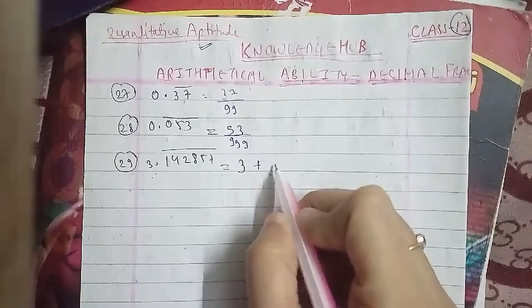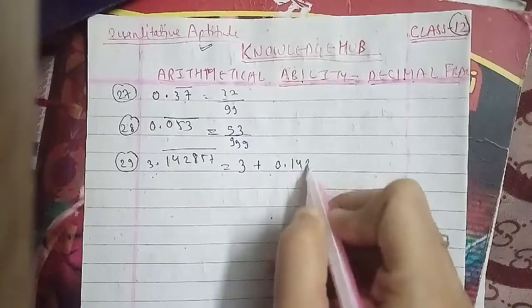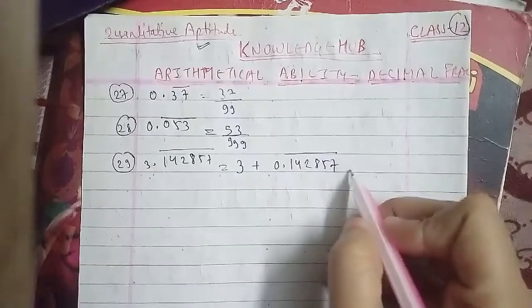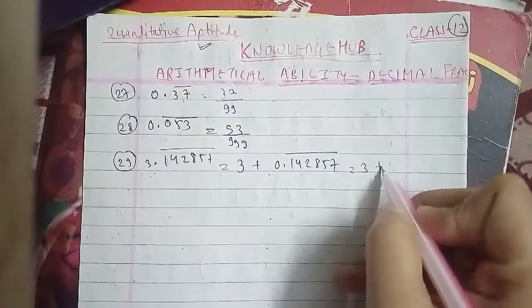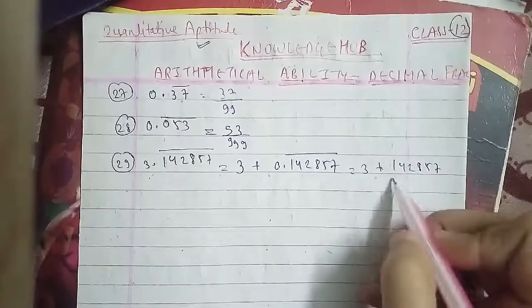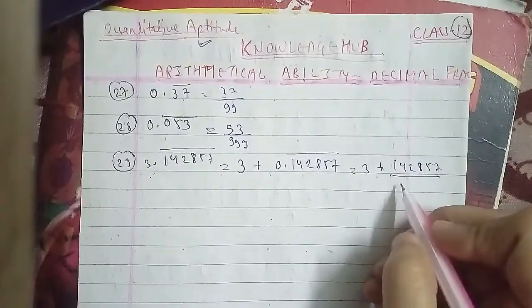That is 0.142857 with a bar. In the same way, it is 3 plus 142857 over the nines. When we remove the bar, we get nines.